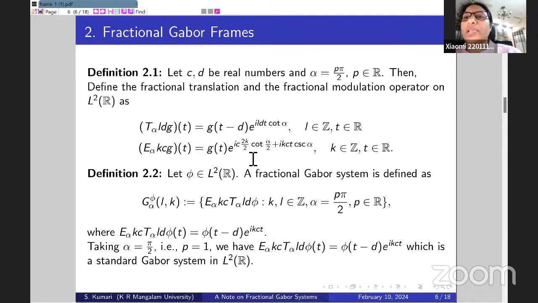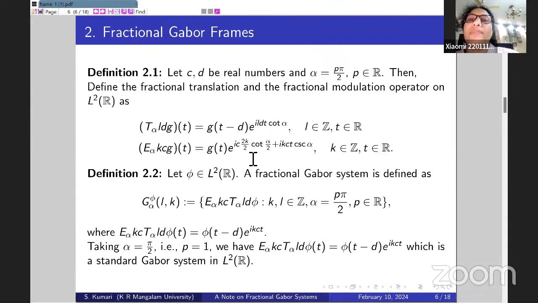The fractional Gabor system is defined as G_alpha of phi, c, d: E_alpha k c, T_alpha l d phi, where k and l are integers, alpha is p pi by 2, and p is any real number, where E_alpha kc T_alpha ld of phi(t) is phi(t minus d) e raised to power minus i kct.